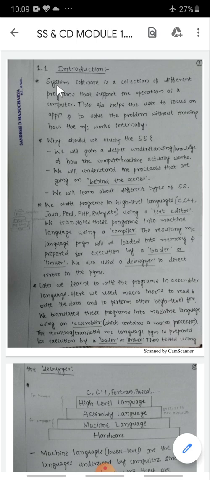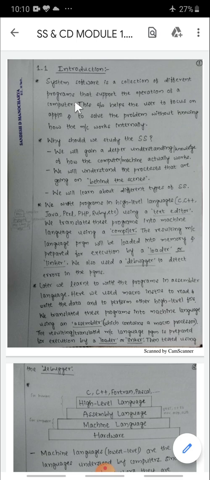So let us start from the first topic, that is introduction. System software definition is: system software is a collection of different programs, and these programs support the operation of a computer.